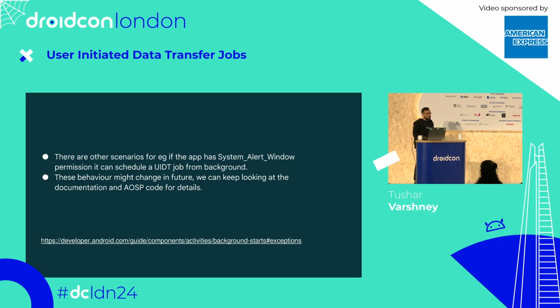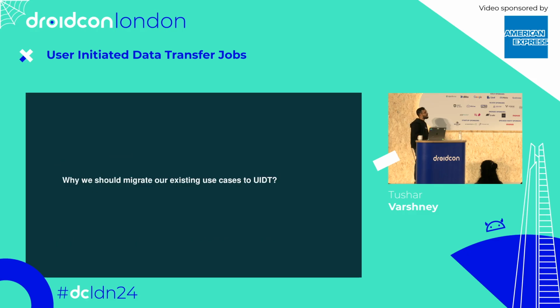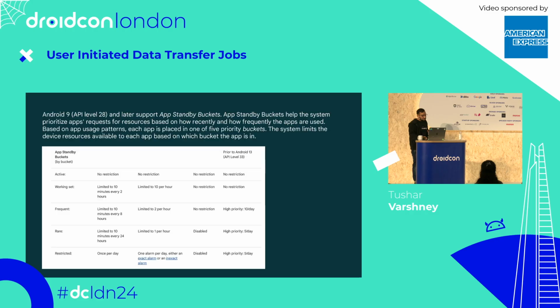before using UIDT jobs. Now the question arises, now we know how we can write a UIDT job, how we can schedule it, but why we should even consider migrating any of our use cases to UIDT. In Android 9, we had a new change which introduced app standby buckets.